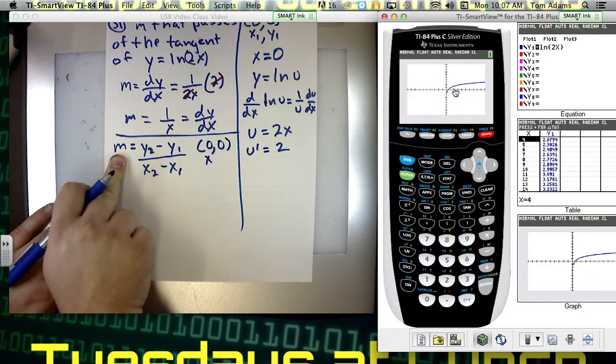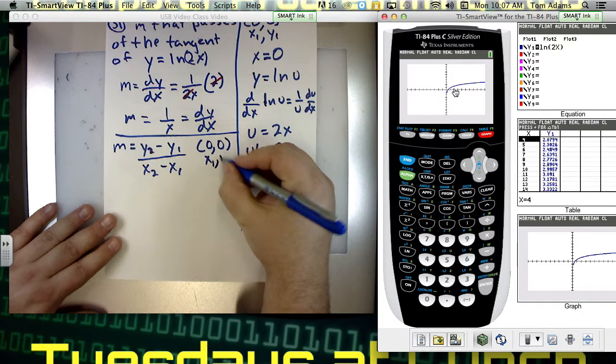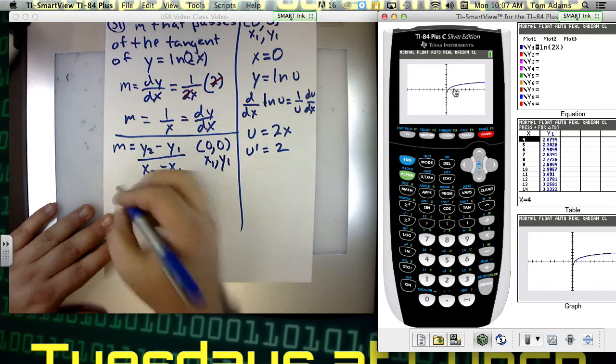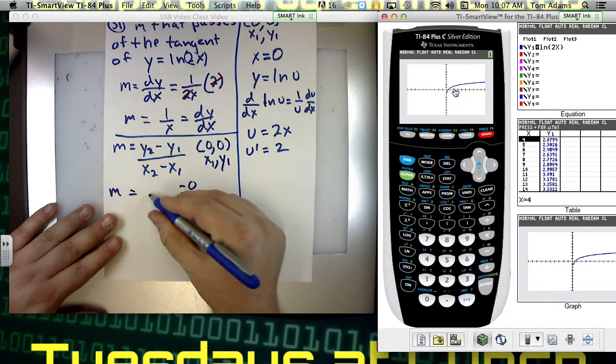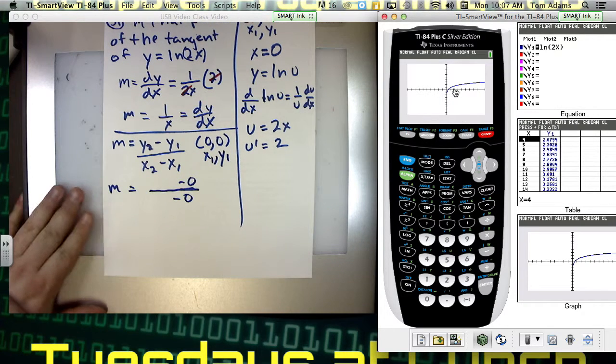It's the slope of the tangent line of the original function, but we're talking about calculating the slope of a line that passes through the point (0, 0), because that's what it told us. Well, that would be minus 0 all over minus 0. How do I find the second y value?